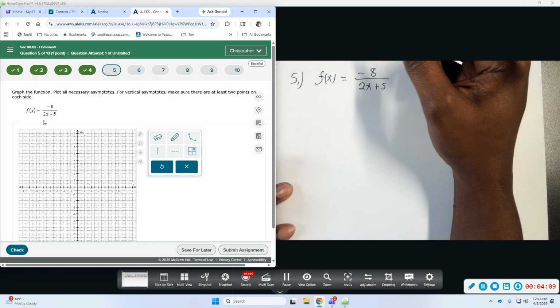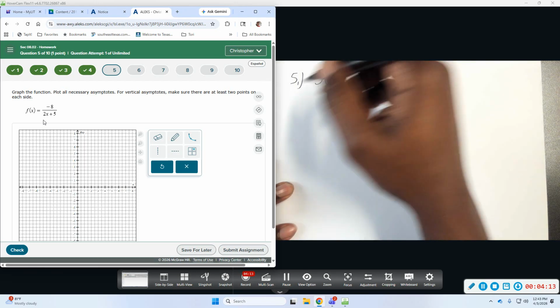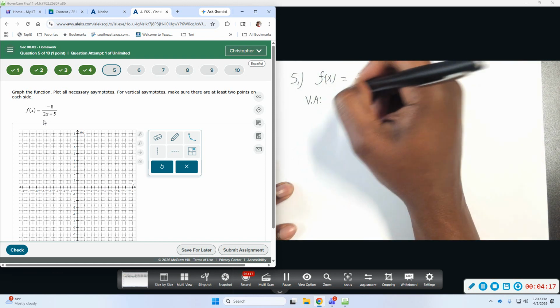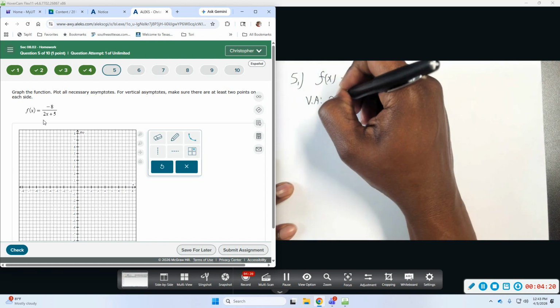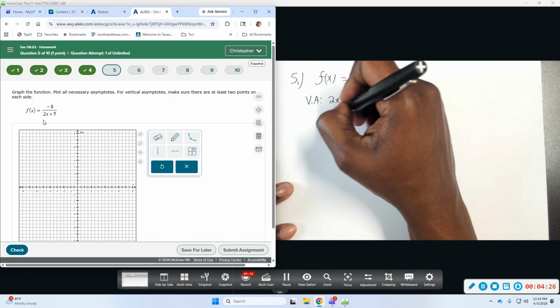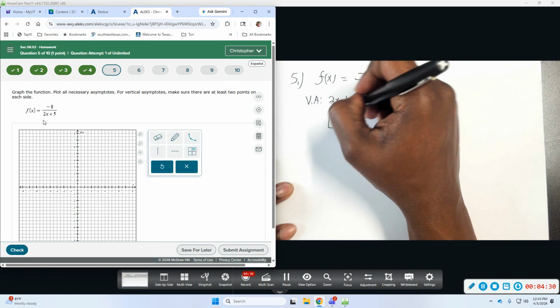All right, so if I focus on the vertical asymptote, set the denominator equal to 0. Subtract 5, divide by 2. Negative 5 divided by 2 is going to be my vertical asymptote.